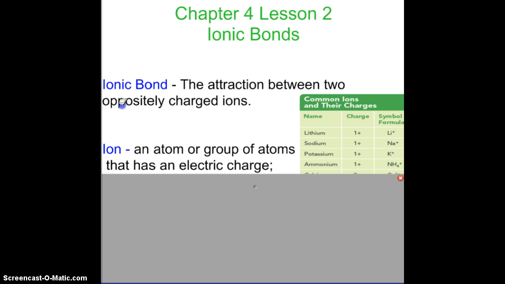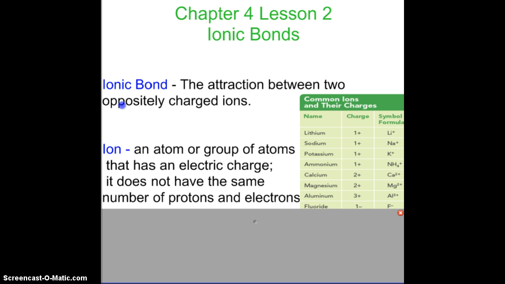An ion is an atom or a group of atoms, and here's the key part, it has an electrical charge to it.